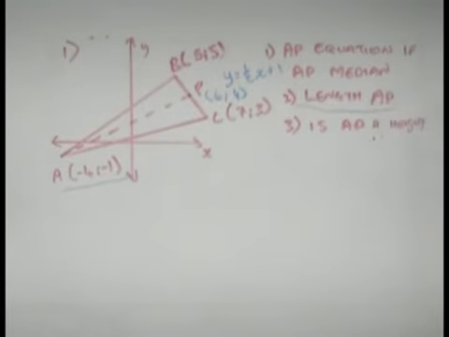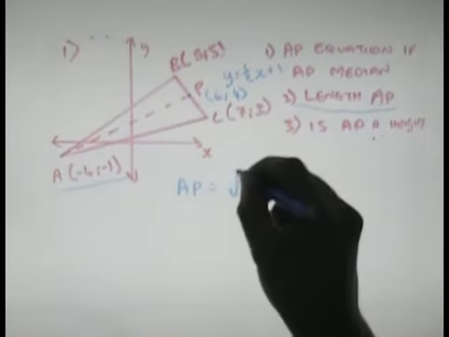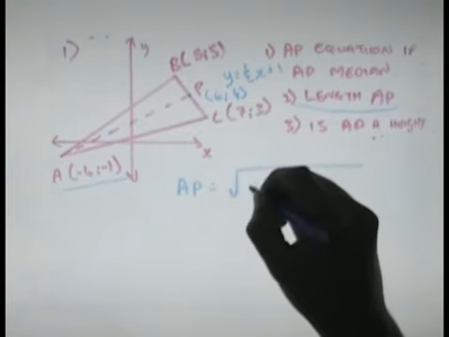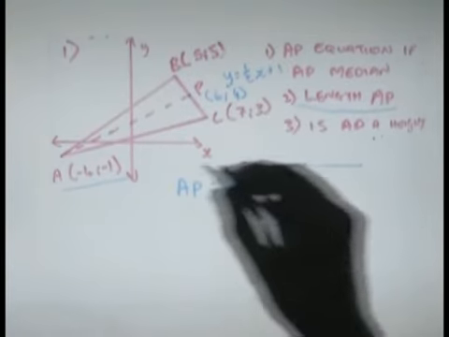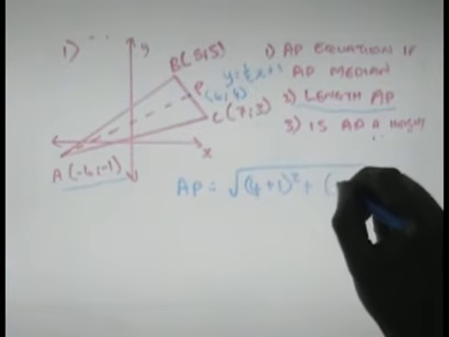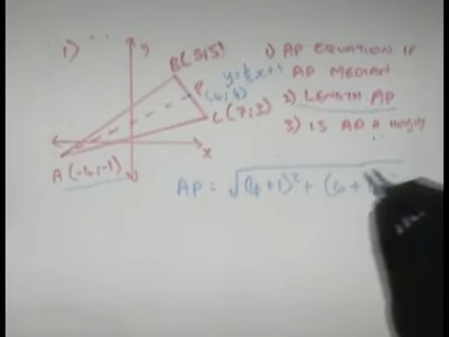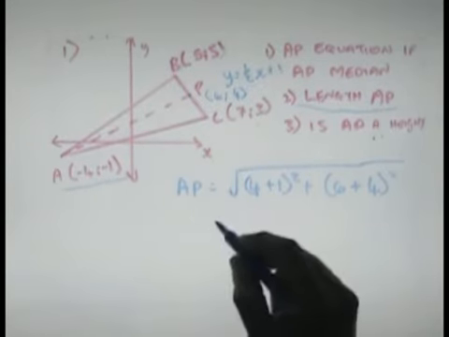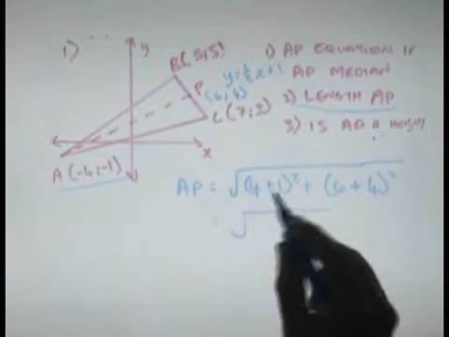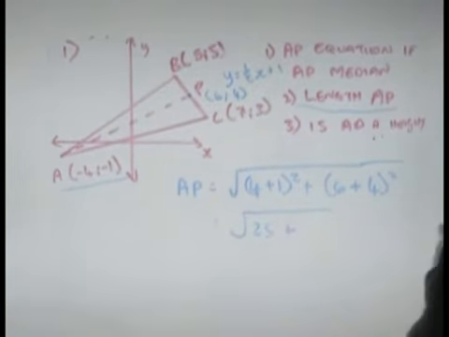Number 2, the length of AP. For that we're going to use the distance formula. AP is going to equal the square root of y2 minus y1 squared plus x2 minus x1 squared, plus, because that was negative and negative, is equal to the square root of 4 plus 1 is 5 squared is 25, 6 plus 4 is 10 squared is 100.